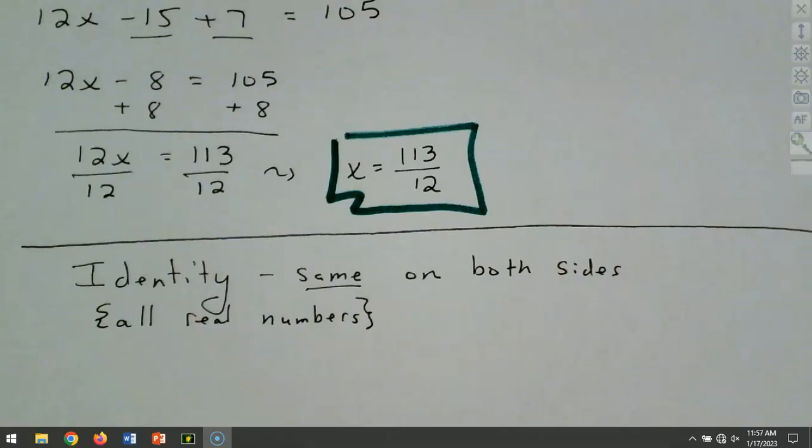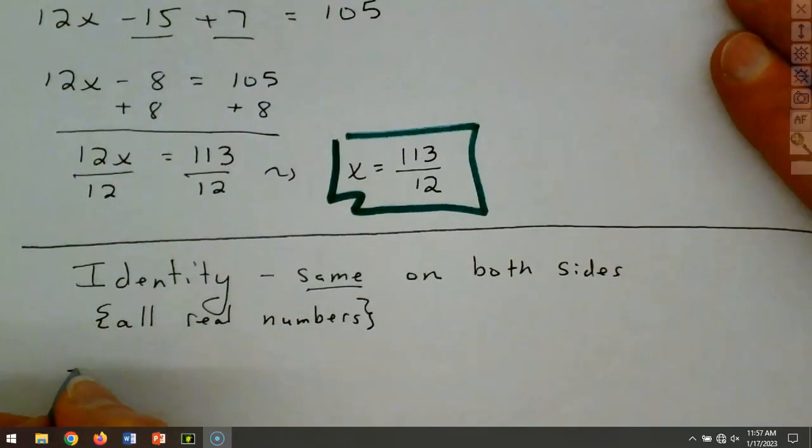Now, when we solve this, the sides are going to be the same, and the solution is going to be all real numbers. They might not look exactly the same to start with, and we may have to do a little bit of algebraic manipulation to get them to be the same, but they're going to be the same. So here's an example of an identity.